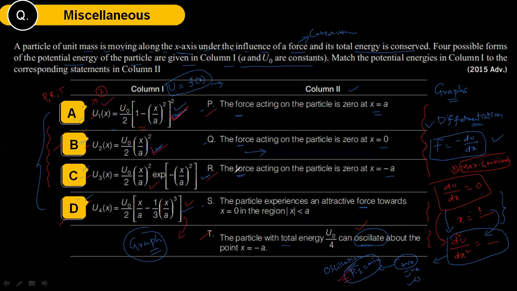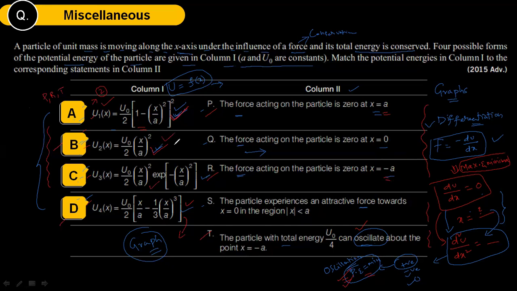P and R you can do easily, because you are given the force and only the x value is asked. You need to check the potential energy; once it comes out to be minimum, you can confidently say that it is oscillating because it is a double well type curve. If you mix the knowledge of differentiation, maxima, minima and graphical knowledge, you can automatically conclude. So A comes out to be P, R and T.